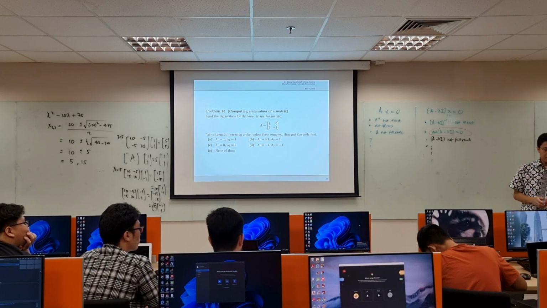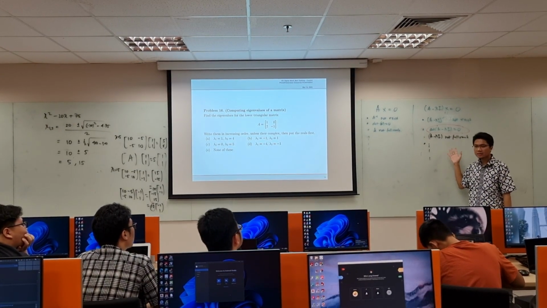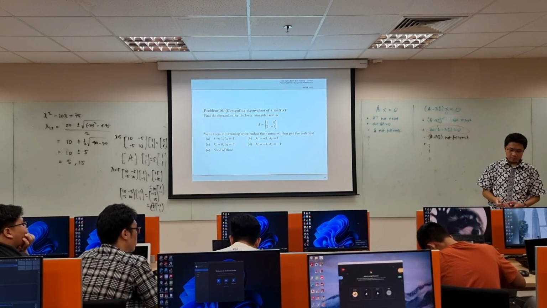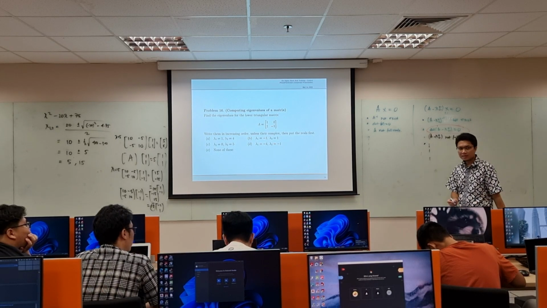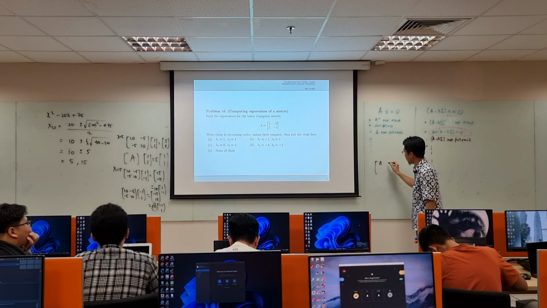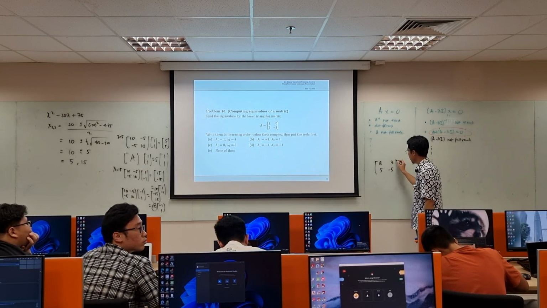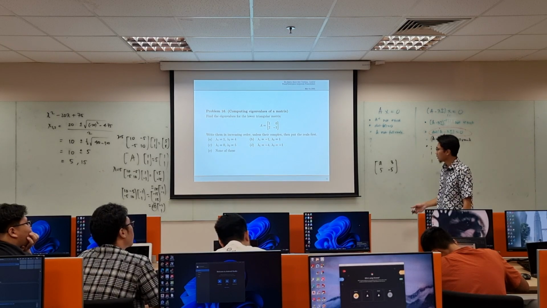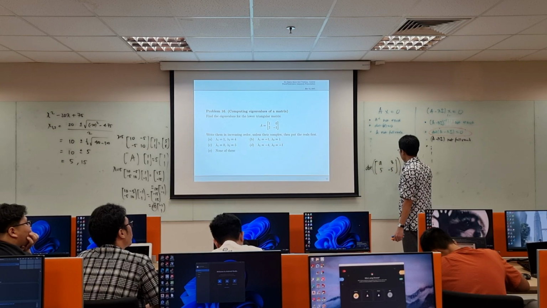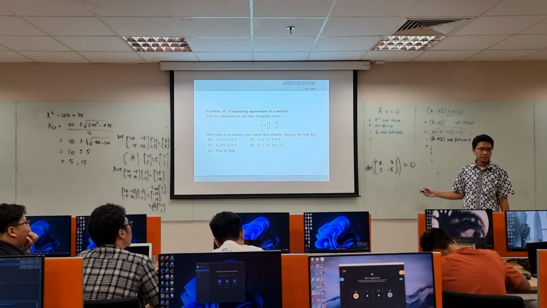Does this answer your question, why we use the determinant? It's the same as when I say that I have a matrix A, 3 5 minus 5, let's say like this. If I say that the determinant of this matrix is 0, what is the value of A? Can you compute that?